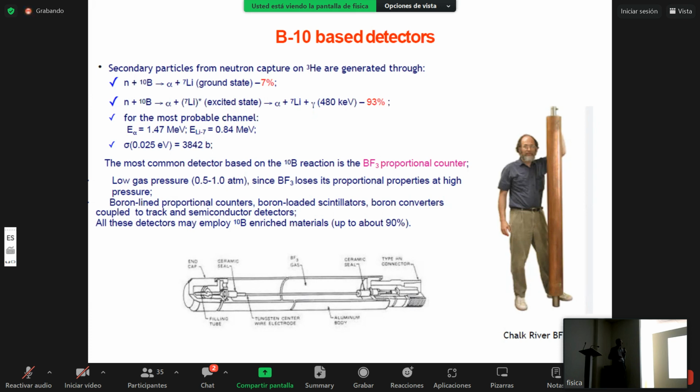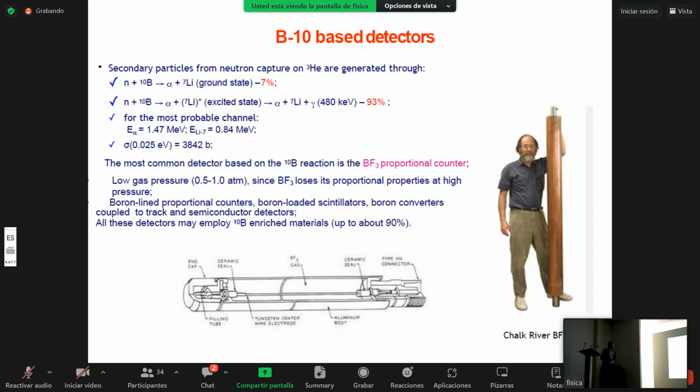I found this picture on the internet. These detectors were invented in Canada, at the Chalk River laboratory. They are pretty tall because they have to detect neutrons from cosmic rays, and these detectors, as I understand, are used for cosmic ray physics even until now.